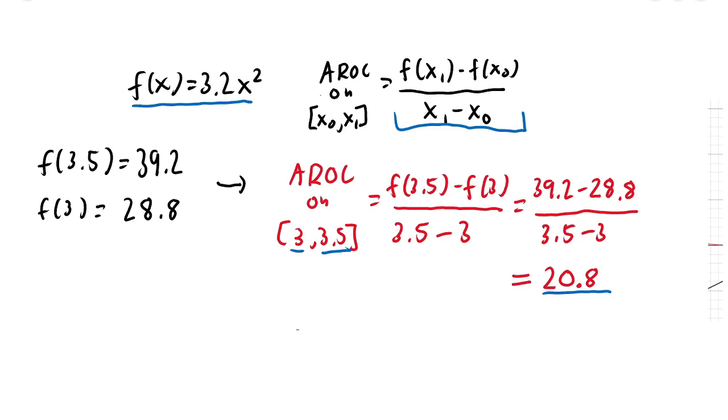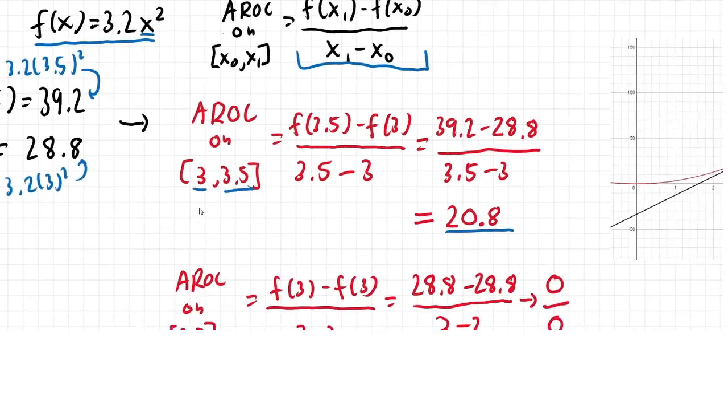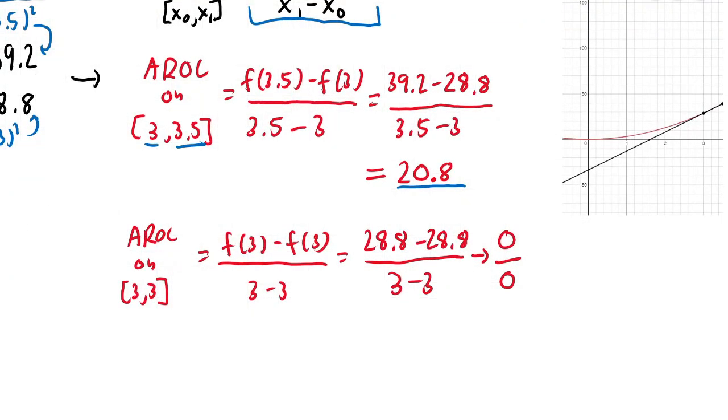Just to recap, you can find f of 3.5 by plugging 3.5 into the equation, and you'll get 39.2. And if you plug in 3 for x, you'll get 28.8. All we need is the change in y over the change in x, and we get this.